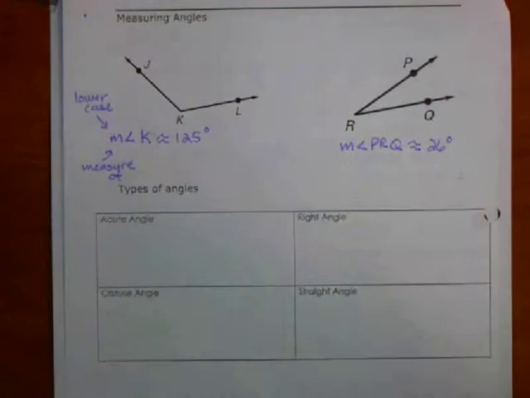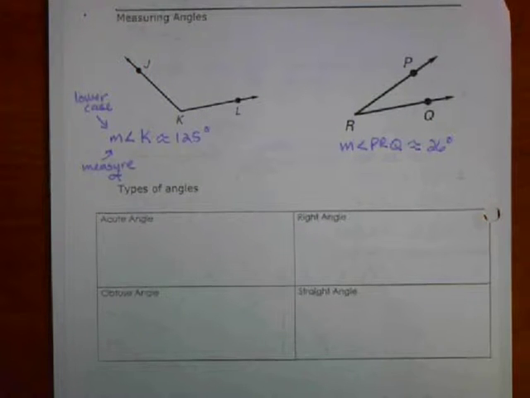I got about 26 degrees. Were you guys close? I got 25. That's fine. It's an approximate. Hopefully you were close.